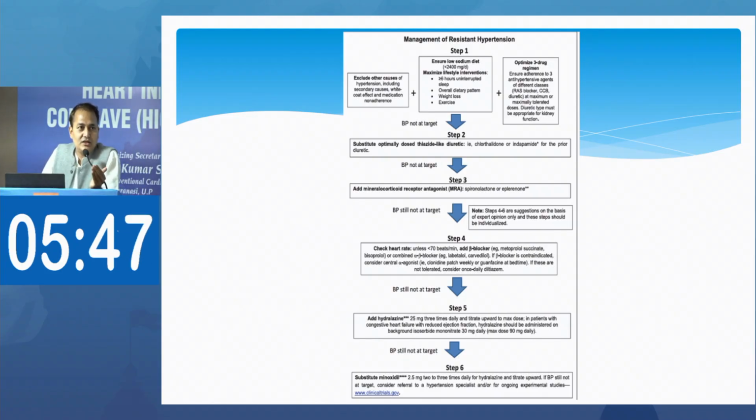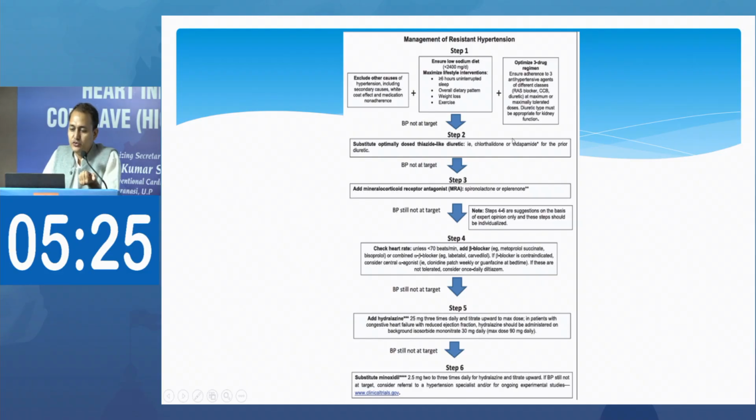After the third drug, the combination of furosemide plus spironolactone, in OD or BD dosing or in divided doses, will be the best approach to addressing these patients. And if these patients are still not under control, then we should check whether the heart rate is optimally controlled or not, and if it is not, we should consider beta blockers.